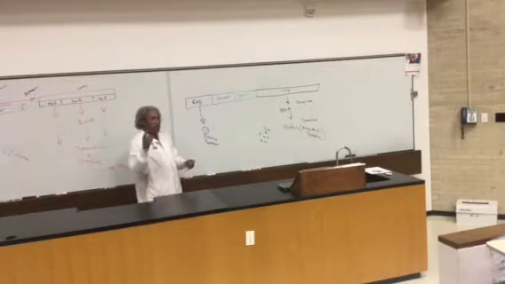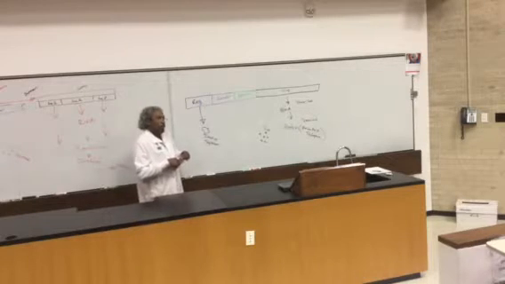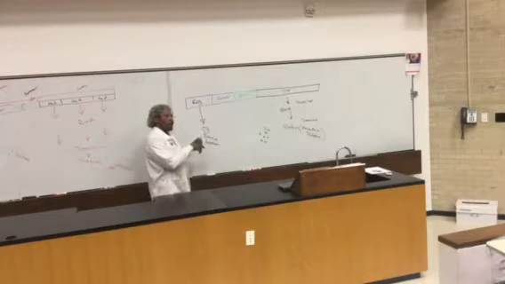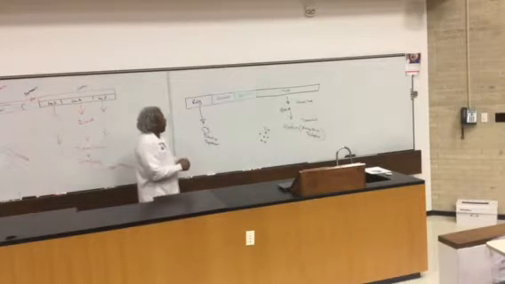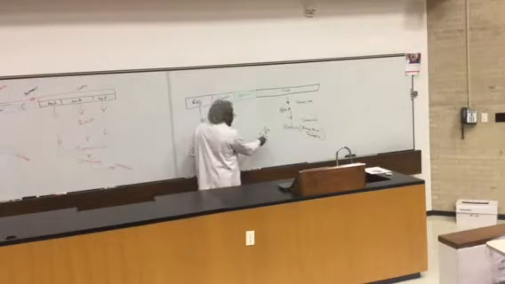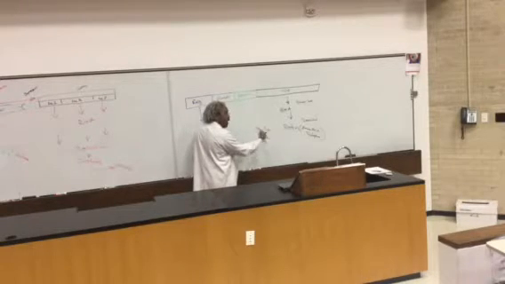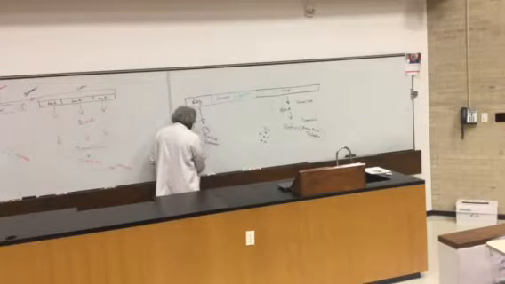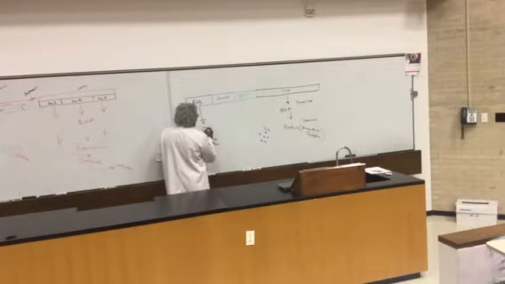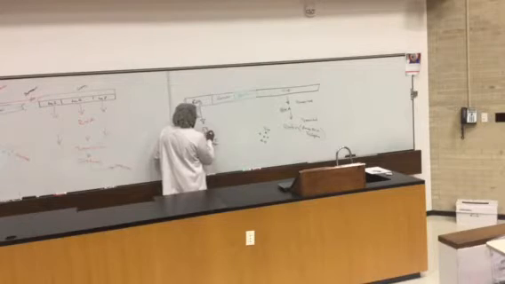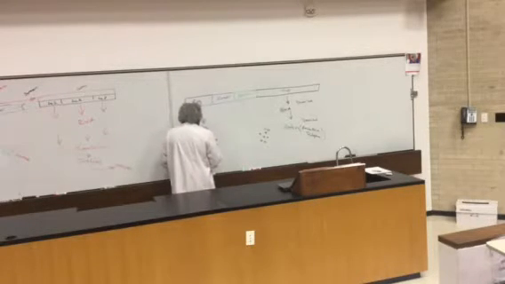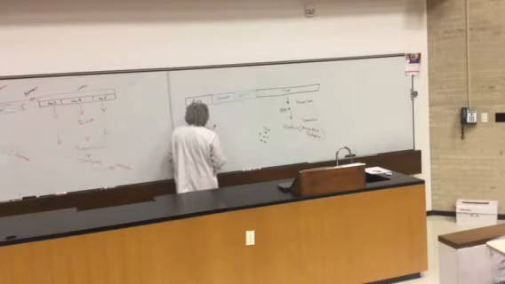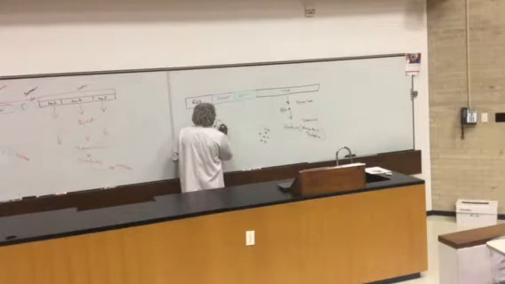But remember how we talked about the feedback loop? When you have an overproduction of something, it's going to then act as an allosteric inhibitor. So this tryptophan that is being produced in mass amounts, now it's too much, it will start to come over here and bind onto the inactive form here, converting it into an active form.